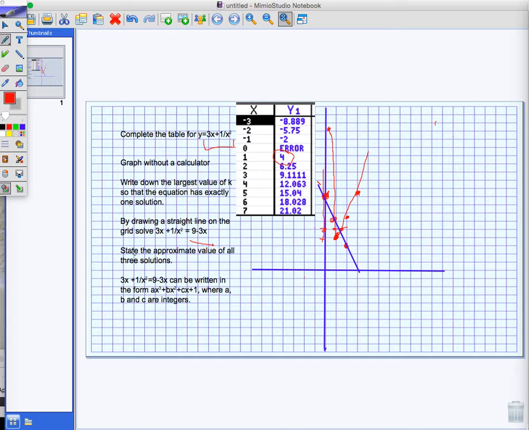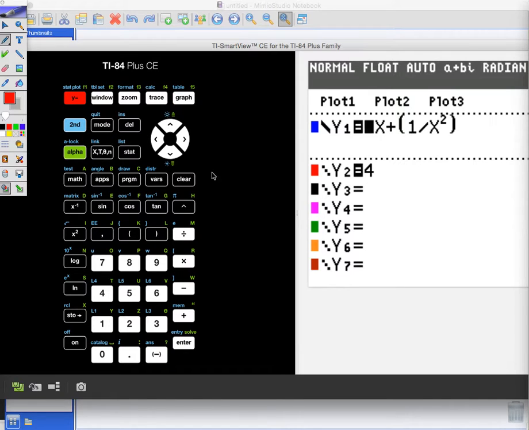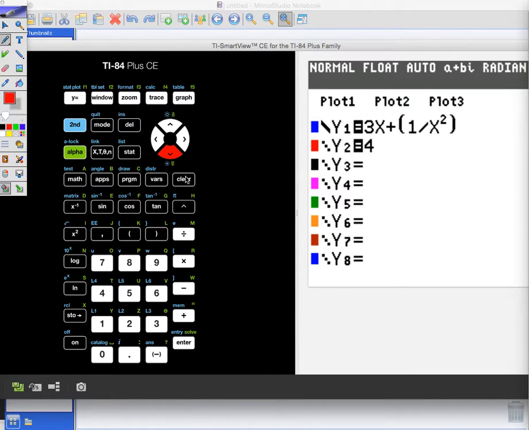So the question is saying state the approximate value of all three solutions. So that would be this point here where it's intersecting our curve, and this point here. So again, just to get an approximation, 9 minus 3x, you could go ahead and graph that here.